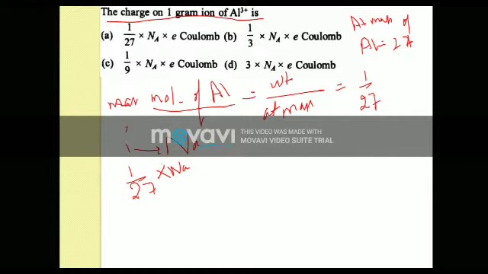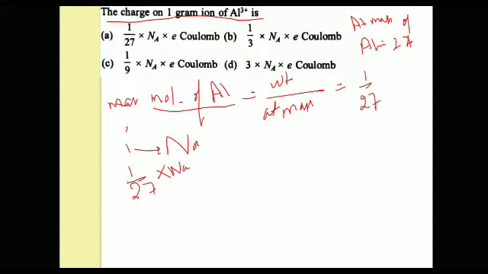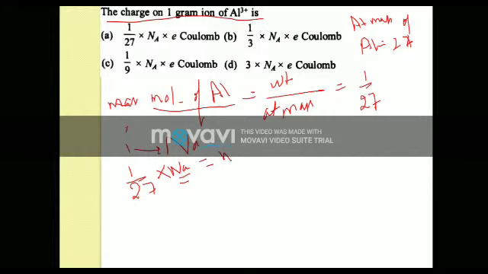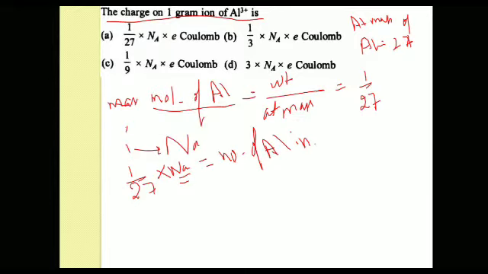Correct. See, if you multiply these many moles you are getting, I am not converting into decimals. If you just multiply it by Avogadro's number, you will get how many aluminum atoms are present. This will give you the number of aluminum in 1 gram.